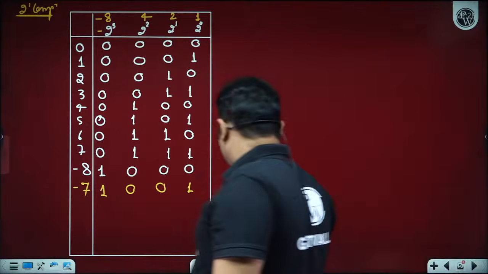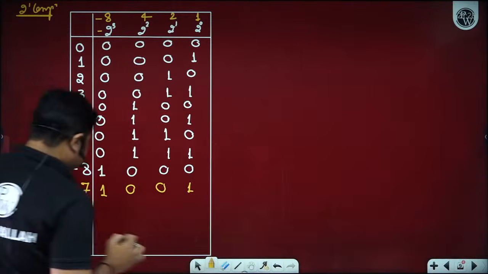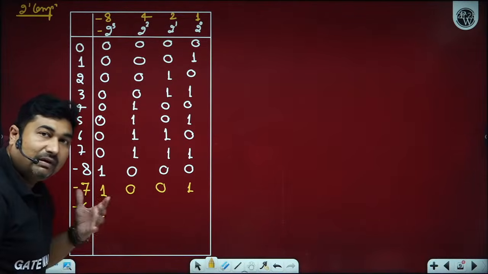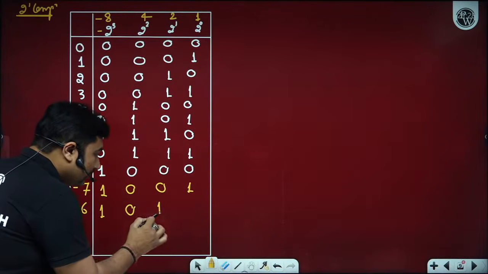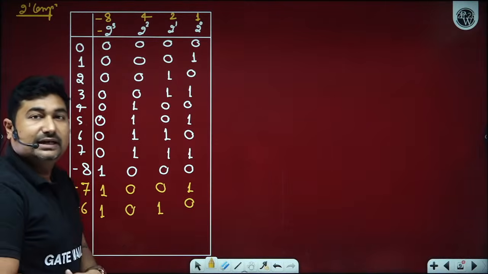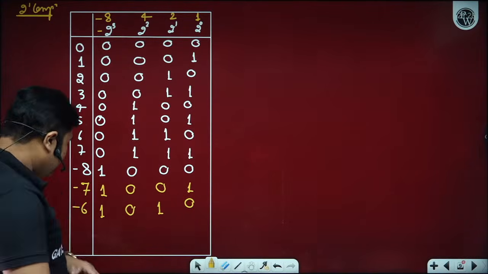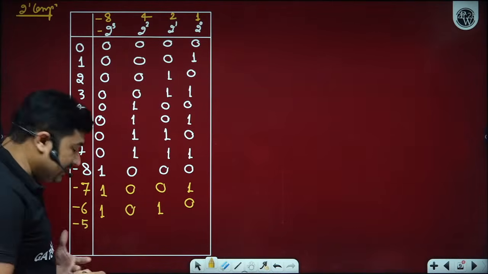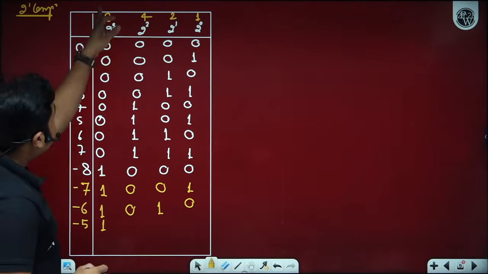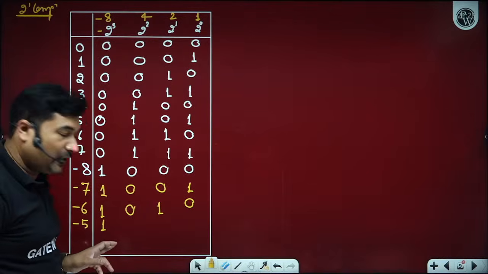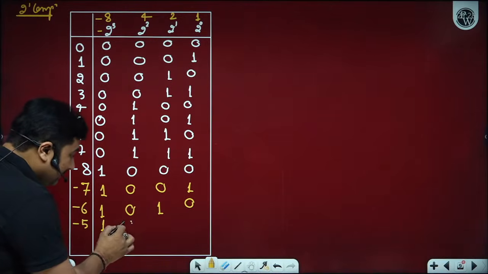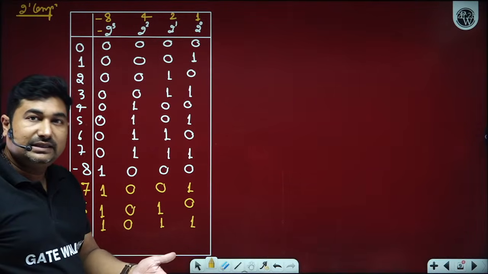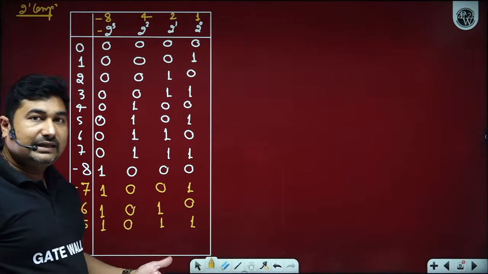How many of you can now write minus 6 in 2's complement, beta ji? Very easy, sir. Minus 8 plus 2 is minus 6 in 2's complement. How to write minus 5? Very easy, sir. Minus 8 plus 3.